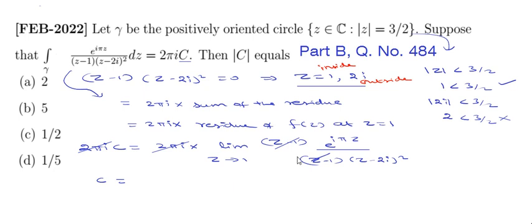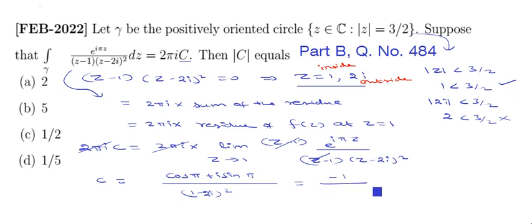When we substitute z equal to 1, e power i pi becomes cos pi plus i sin pi, divided by (1 minus 2i) square. Cos pi is minus 1, sin pi is 0.